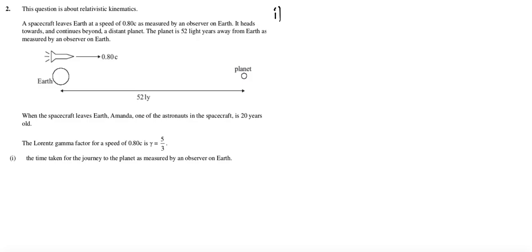So observers on the Earth measure the proper length between Earth and the planet. We know that the Lorentz factor is given, and the question is about time. So we have to find time, we have to divide distance by speed.